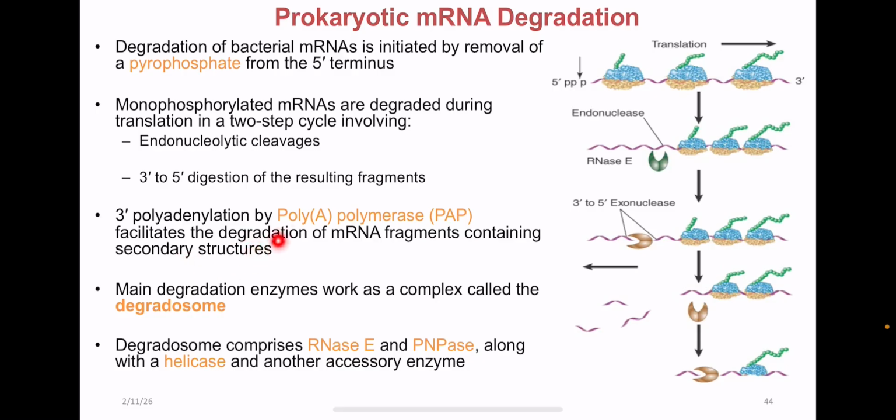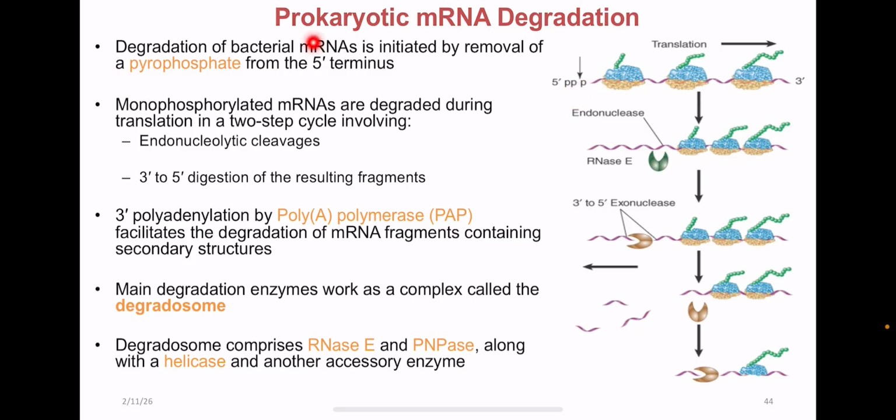The initiation is actually by the removal of pyrophosphate from the 5' end. This will be a facilitator, but what actually initiates the degradation in prokaryotes is the 5' end, which is 5' P. The phosphate group is found on the 5' end, but it is not a single phosphate, it's a triphosphate.